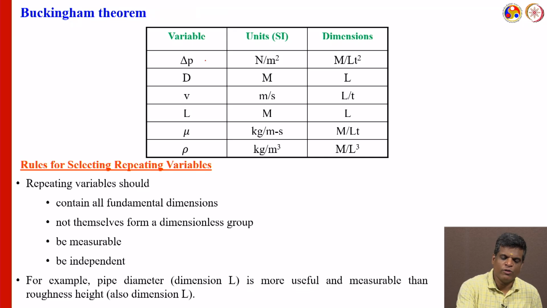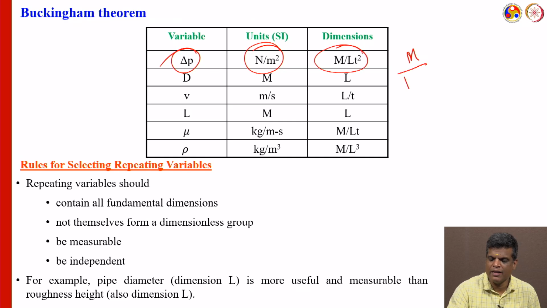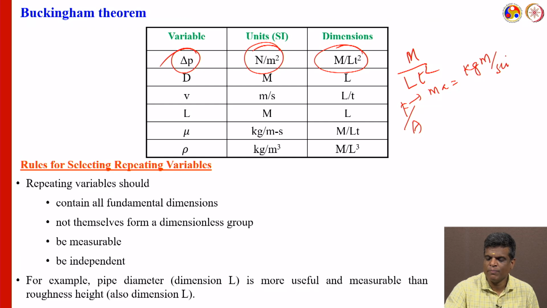The units are already known. Pressure drop is Newton per meter square, and its dimension is M by L T square. Pressure drop is force by area. Force is mass times acceleration, kg meter per second square, and area is meter square.